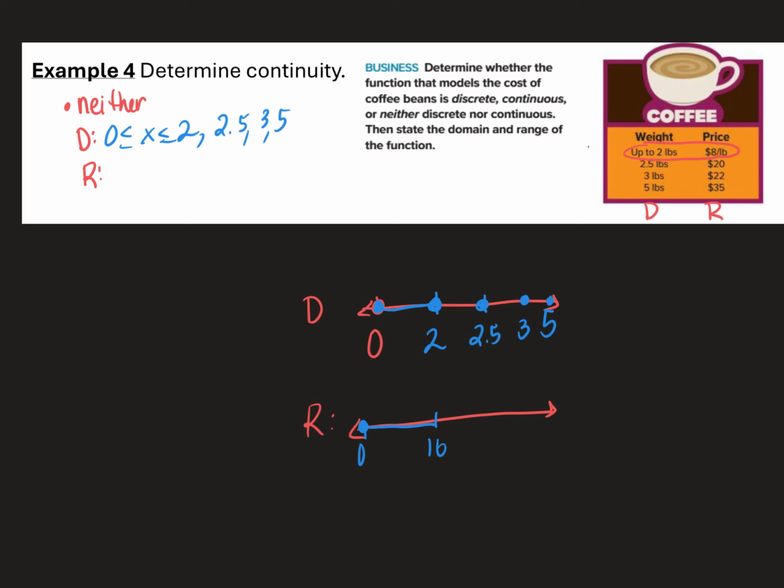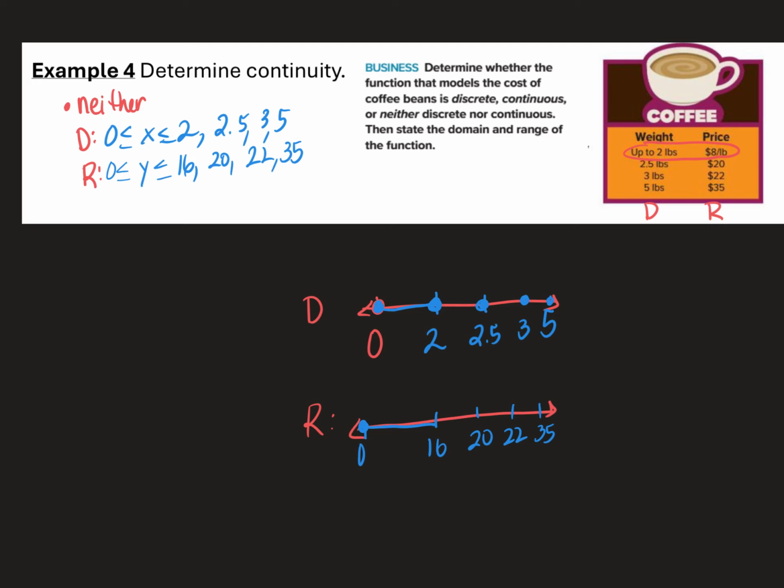So 2 pounds would be 8 times 2, which is 16. And then we have 20, 22, and 35. So it would be 0 less than or equal to y, which is less than or equal to 16. And then 20, 22, and 35.